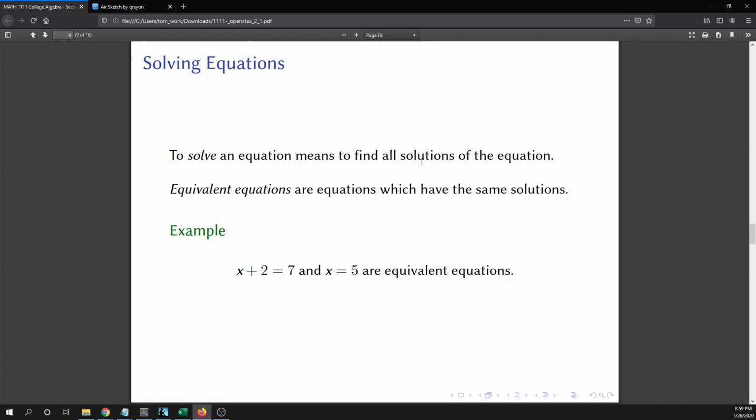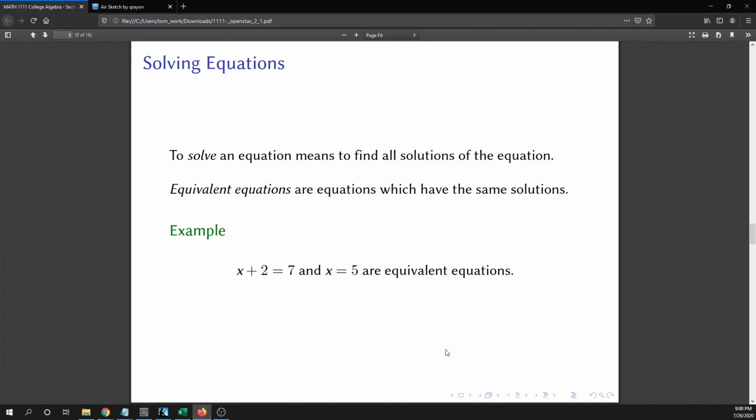We've already seen that it's pretty easy to check whether a number is a solution: you just plug it in, work it out, and you can tell. You might say one strategy would be to just guess and check. You could do that, I guess: I plug it in and see if I'm right or not.